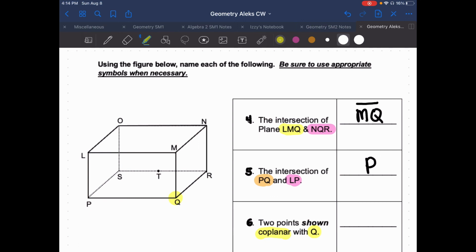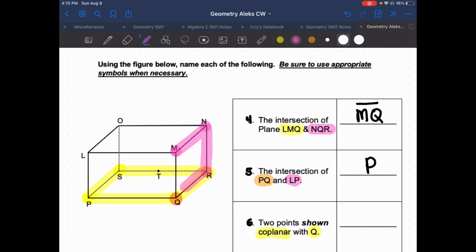Q is part of the bottom plane. So any of those letters there that I highlighted in yellow, P, S, T, or R, would work for an answer.